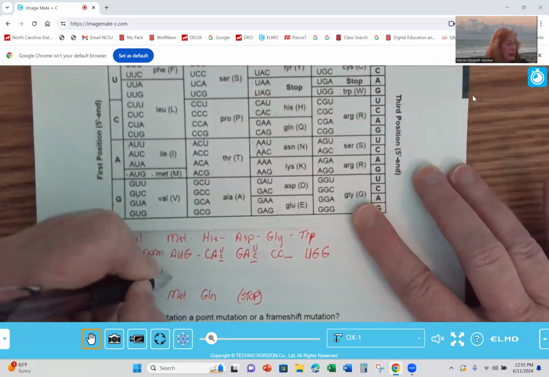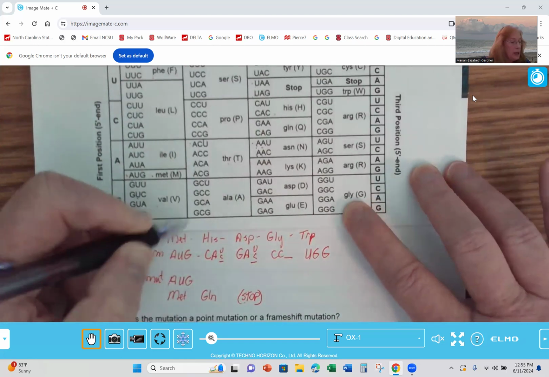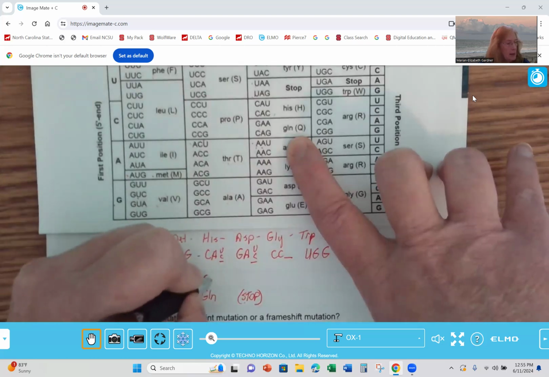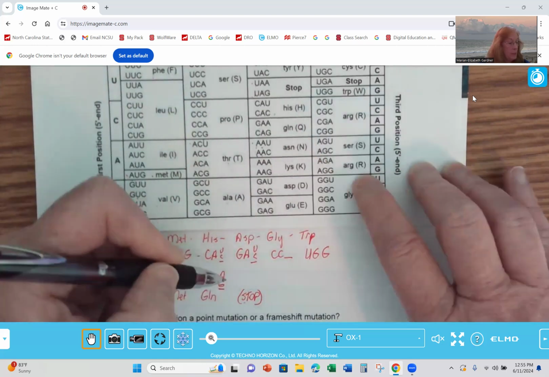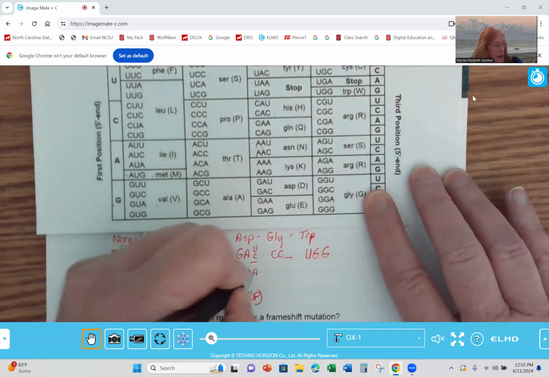Now, methionine again, AUG. Glutamine, it's CA, either A or G. And then a stop codon, and we could have UGA, UAA, or UAG.